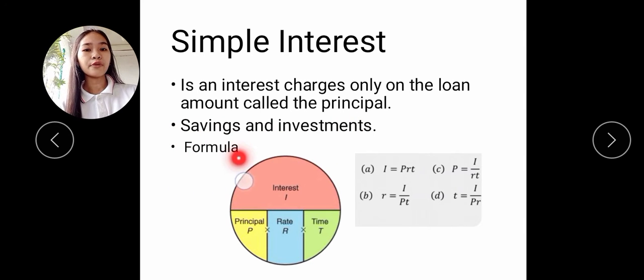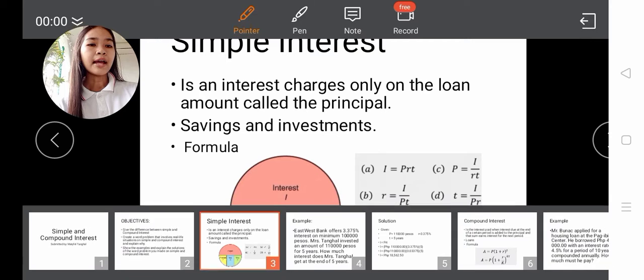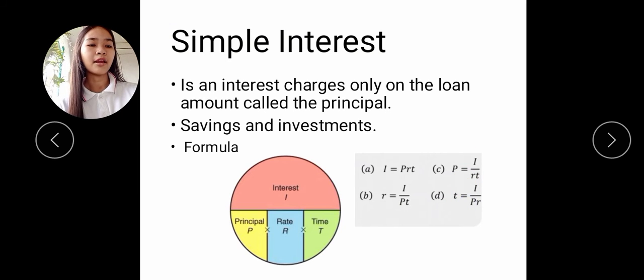Our formula for the simple interest can be found in this diagram, which is I equals PRT, R equals I over PT, P equals I over RT, and T equals I over PR, where I is interest, P is principal, R is rate, and T is time.